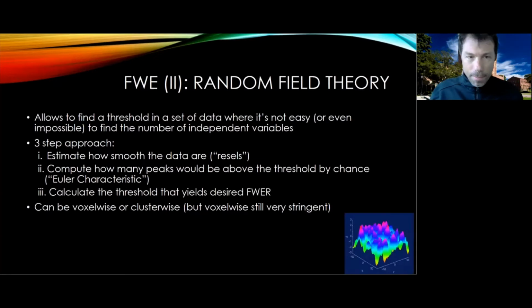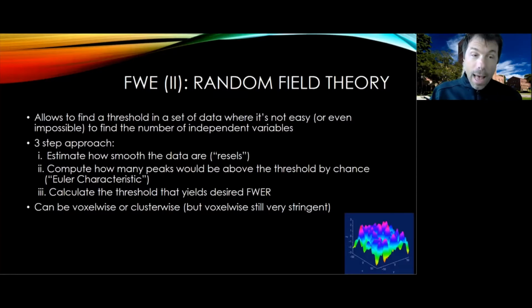Now, approach number 2, random field theory, is probably one of the most frequently used approaches today. As I said, this is just a way of finding a threshold in data sets such as fMRI, where you can't really say, here's how many independent variables I have, like voxels. You remember, it's a 3-step approach. You first estimate how smooth your data are, and you do this based on the residuals.